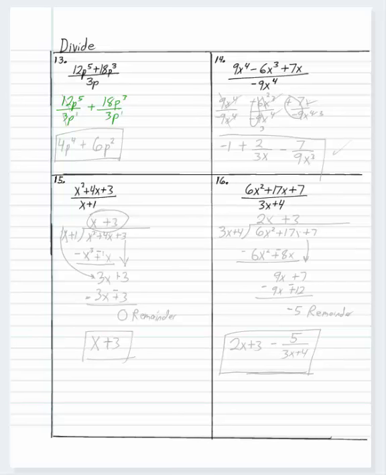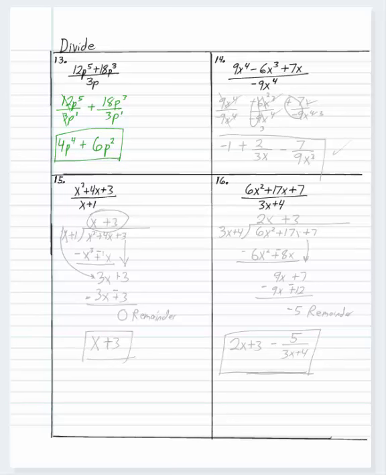The first fraction, 12 over 3, reduces to 4, and p^5 divided by p^1 is just p^4. Then the second fraction, 18 divided by 3 is 6, and p^3 divided by p^1 becomes p^2. That's your answer.